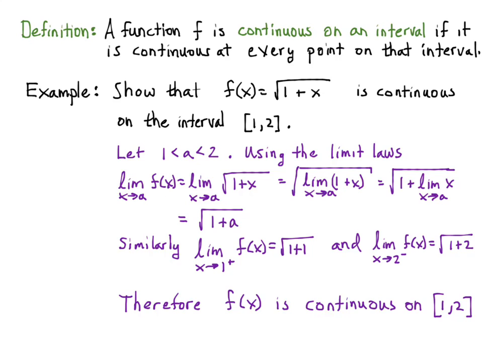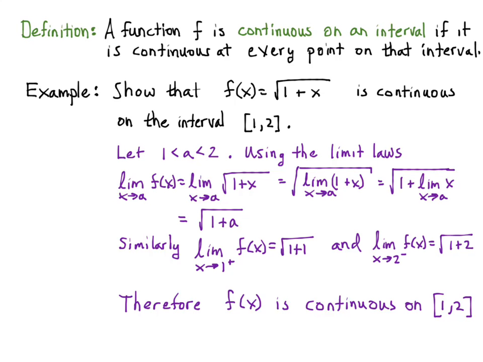Now this may seem a little tedious at this point, and admittedly it is. Let me go back. I know I went too fast there. It may look a little tedious, but it's an important notion to think about a function being continuous over an interval. Because oftentimes, there are places where a function's not continuous, and we don't really care about those places.